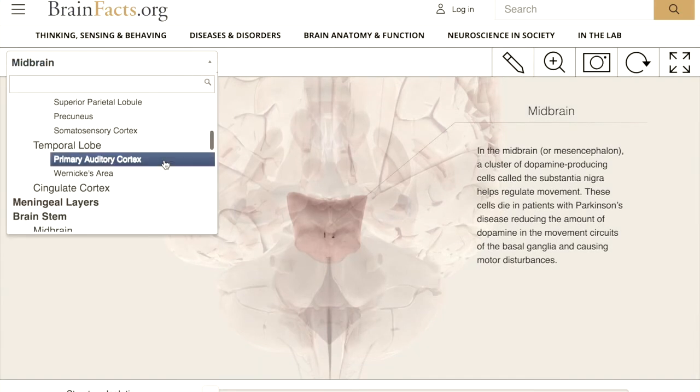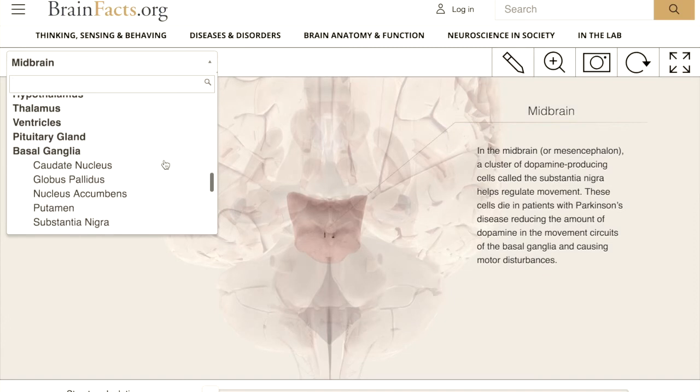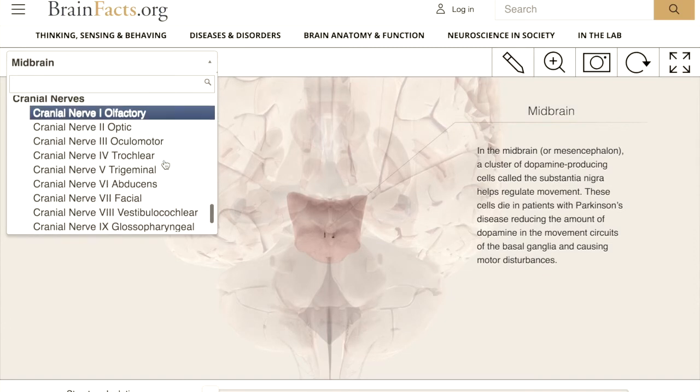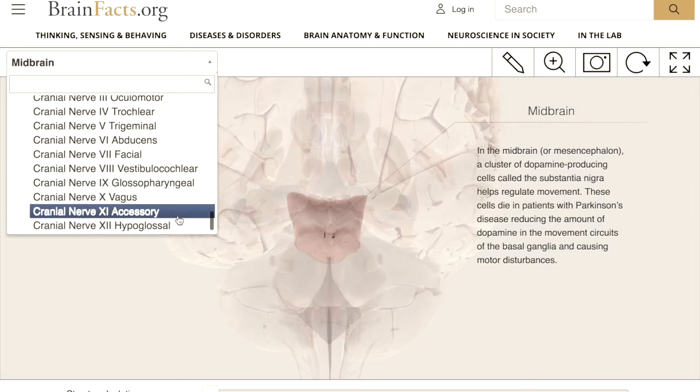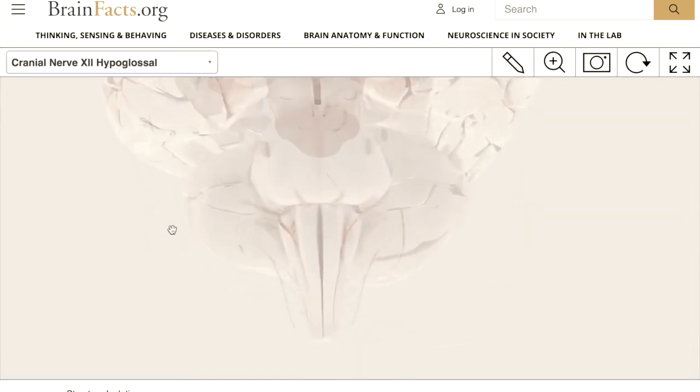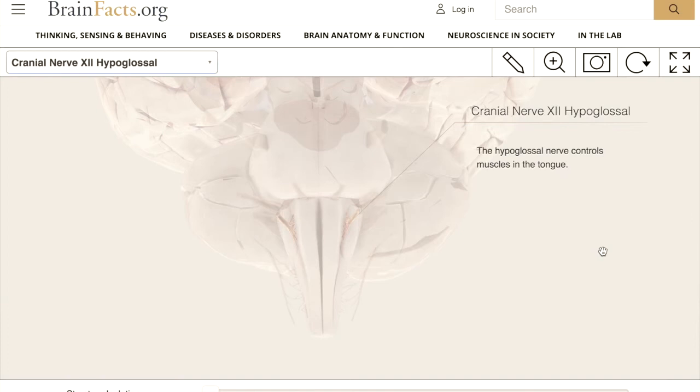Again, in the bottom portion of the brain, for example, you have what are called the cranial nerves. And these are little nerves that come off of portions of the brain and connect them to other fibers and motor and sensory fibers. So the 12th cranial nerve, which is the hypoglossal nerve, controls muscles of the tongue.